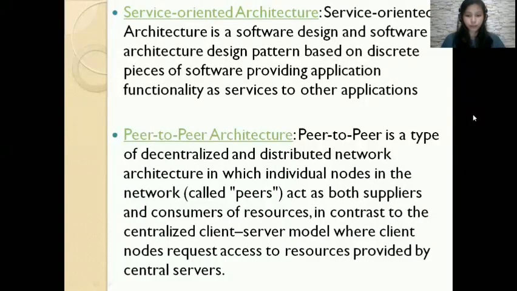Peer-to-peer architecture. Peer-to-peer is a type of decentralized and distributed network architecture in which individual nodes in the network, called peers, act as both suppliers and consumers of resources, in contrast to the centralized client-server model, where client nodes request access to resources provided by central servers.